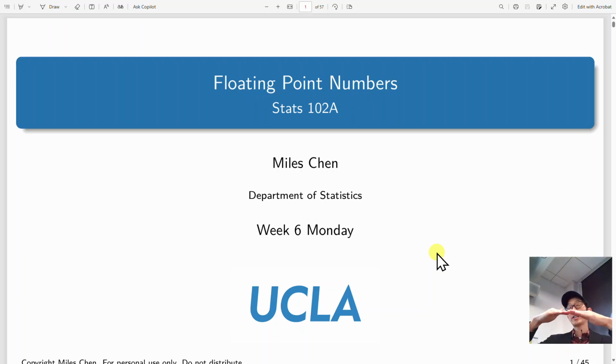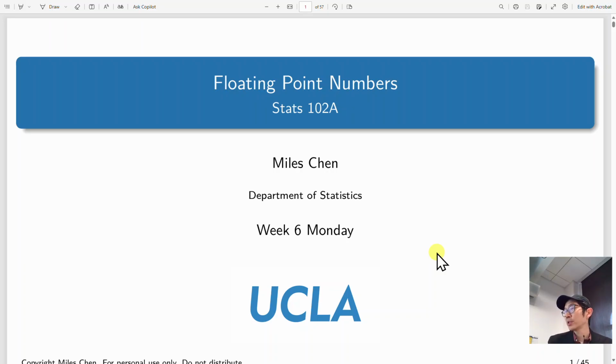So now we are, I guess, in the second half of the course, where we will focus a little bit more on computational statistics and numeric methods, different aspects regarding using the computer to help us answer statistical questions.